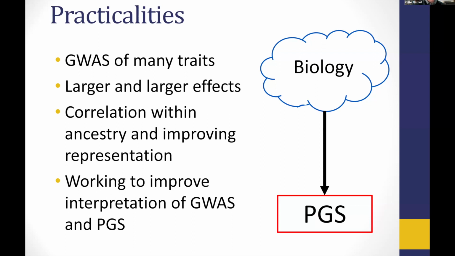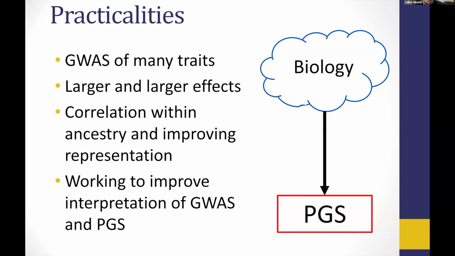Although it's taken a long time, we're starting to get better at predicting within different ancestries. Originally, and still for the most part, it predicts mostly in European ancestries. That's where the GWASs were conducted, but that's slowly improving.